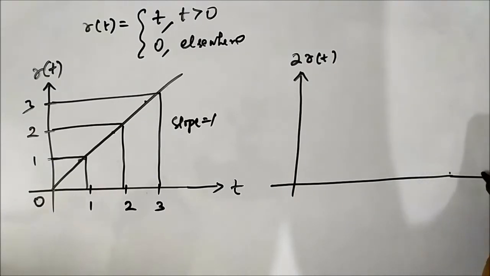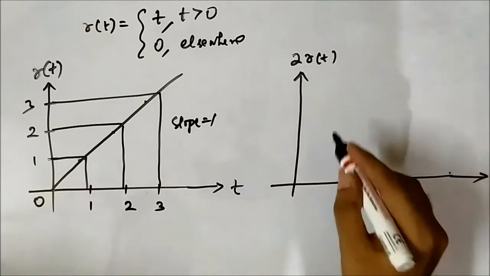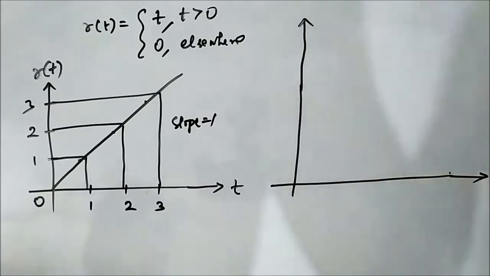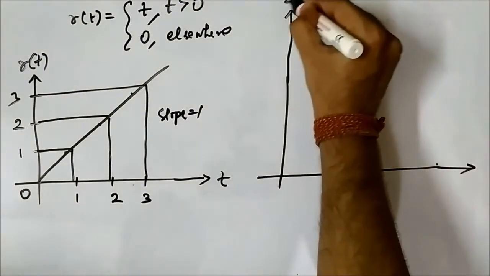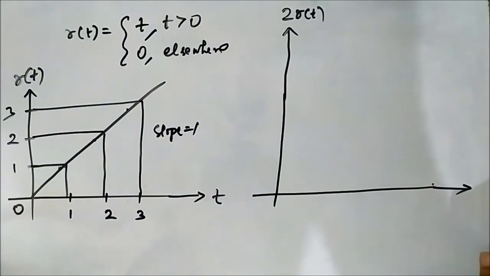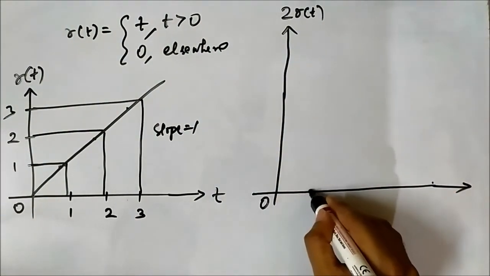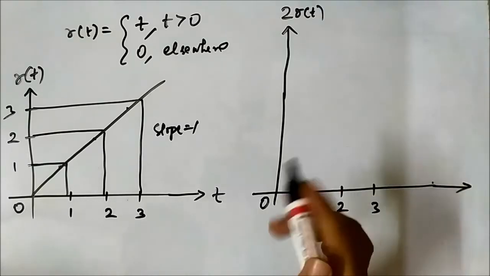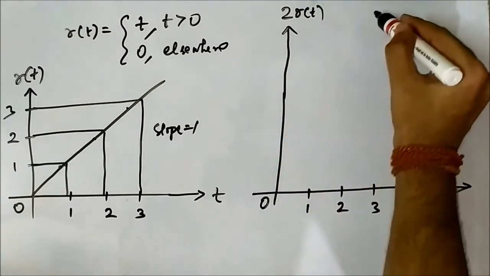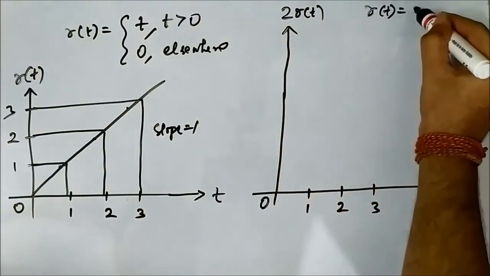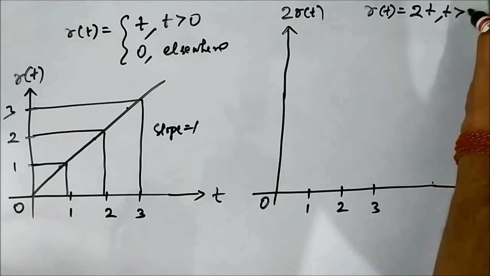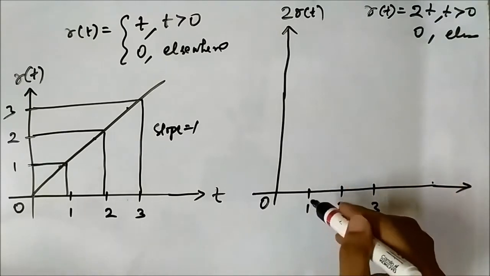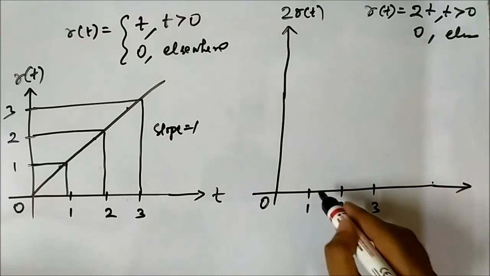So in that case, r(t) will become 2t for t greater than 0 and 0 everywhere else. It means at each time instant the amplitude will be twice of that time instant.